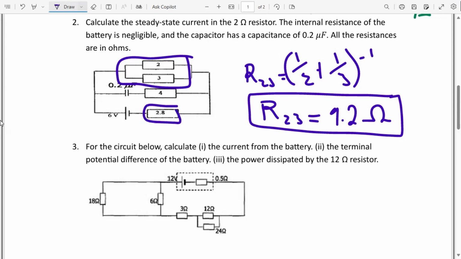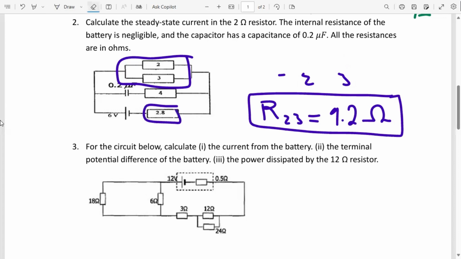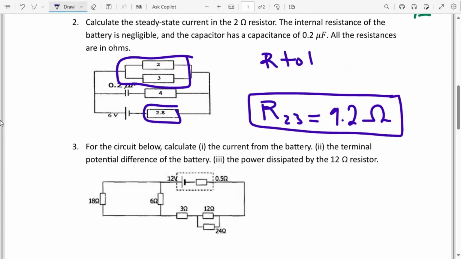So in order to find R total, R total will be equal to 1.2 ohms plus 2.8 ohms.